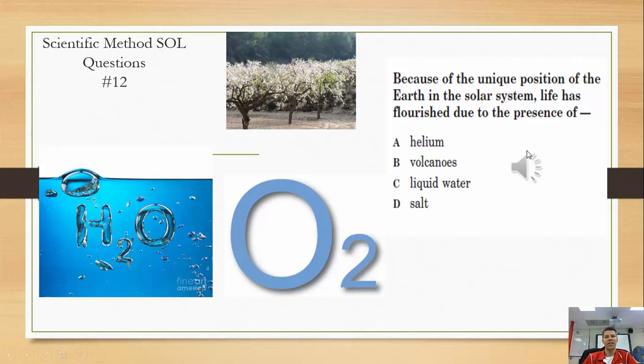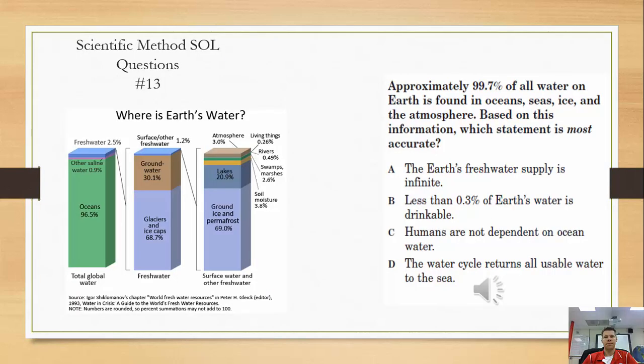To flourish would be like these trees here blooming, doing really well, due to the presence of helium, volcanoes, maybe very indirectly, but don't overthink these. Liquid water or salt, you have to have water. So our best answer here is C, liquid water.